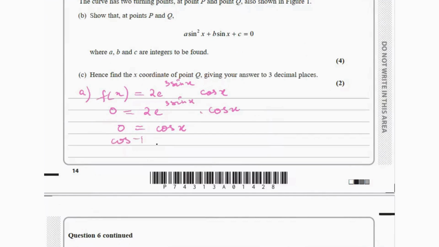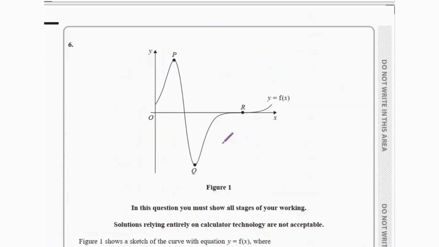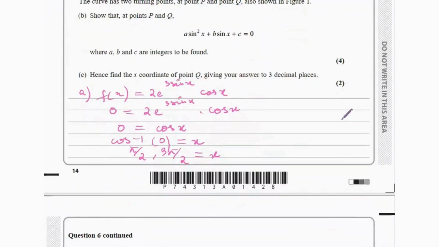So cos inverse of 0 is going to give us pi by 2. So cos is equal to 0 at pi by 2 and 3 pi by 2. Since R is over here, it's going to be 3 pi by 2, not pi by 2. So R is going to be 3 pi by 2 and y is 0. That's your coordinate for R.